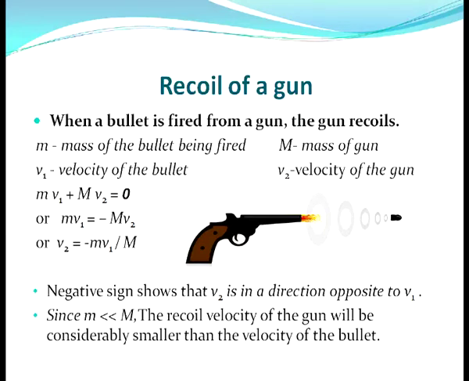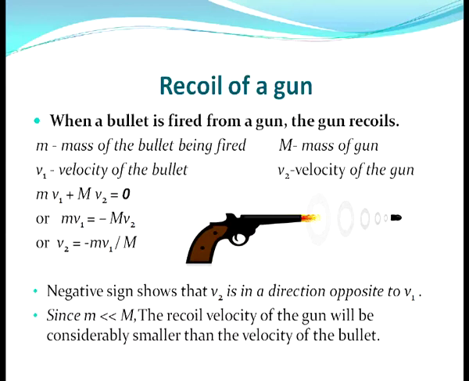So, the total momentum is mV1 plus MV2, which is equal to 0 according to the law of conservation of momentum, because before firing the total momentum of the system was 0. So, after firing the total momentum should be equal to 0. So, mV1 plus MV2 equal to 0, or MV2 equal to minus mV1, or V2 equal to minus mV1 divided by capital M. So, this is how you can find out the recoil velocity of the gun after firing.